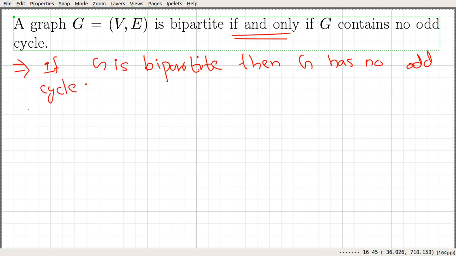Let's prove this substatement. Here we are given that the graph is bipartite. Using that assumption, we must prove that G has no odd cycles. So suppose G is bipartite.